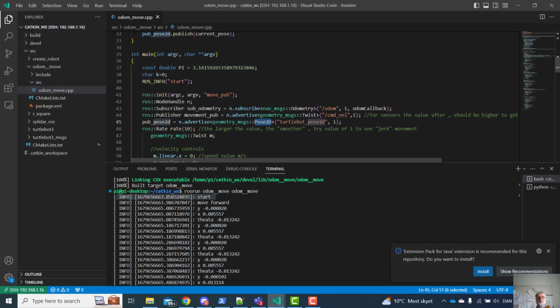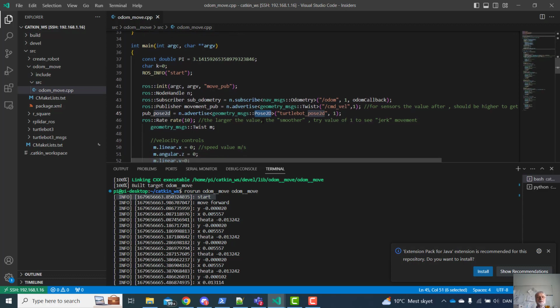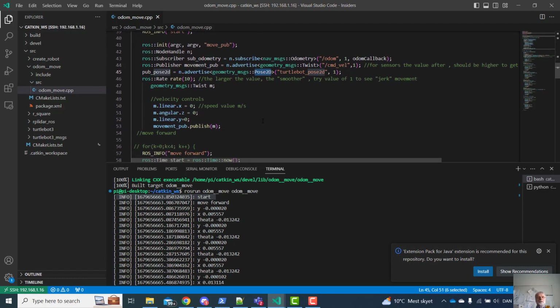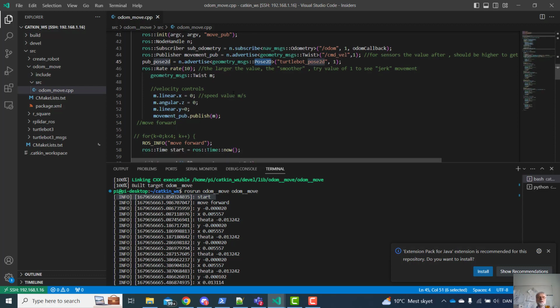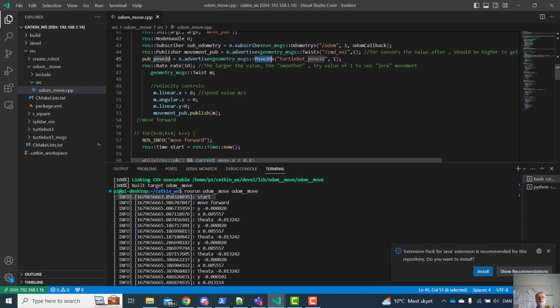Then we have this advertisement belonging to this pose. Then we need an object of the Twist, so we can configure the parameters in the object. We configure them, we initialize the x, y, z, and we publish.